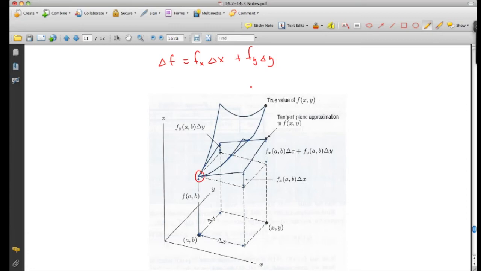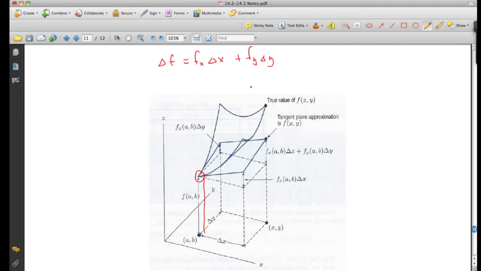All right, so if we say that maybe this was the point 2,3, and this point is the point 2.01 and 3.02, and we take that point and we go up to the surface, we got two different values.